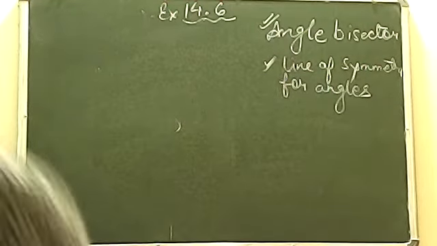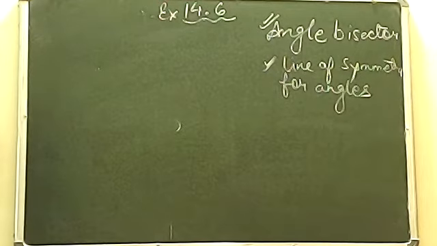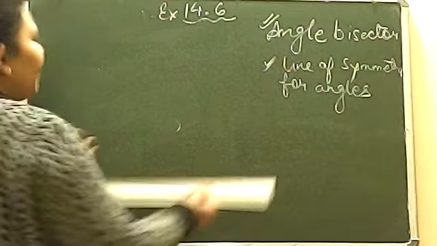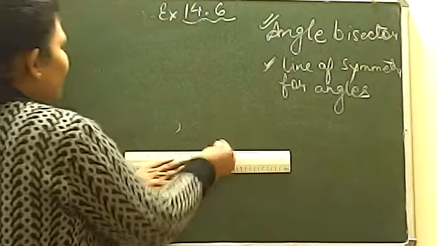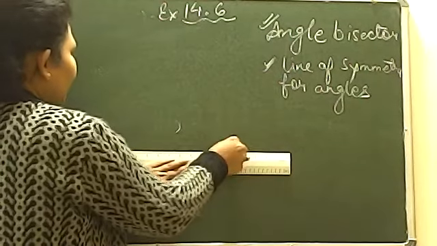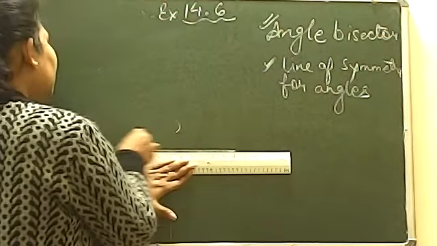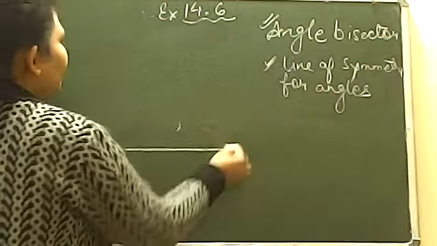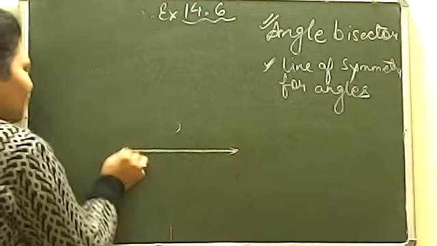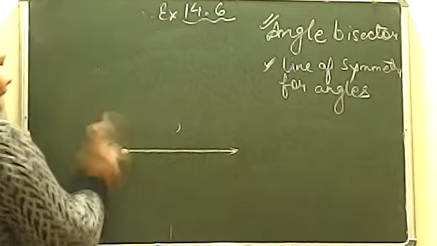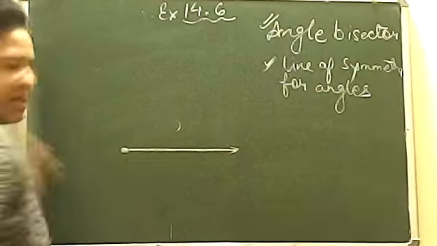So let us try the same thing once again with another angle. This time again, to make any angle, first you need a base line. So first I made the base line. After the base line, I will draw a vertex because the angle will be drawn on the vertex only.